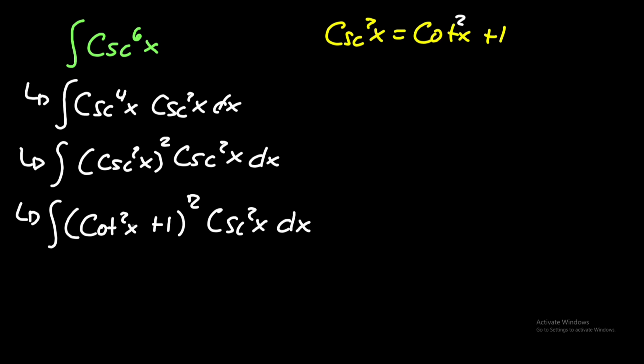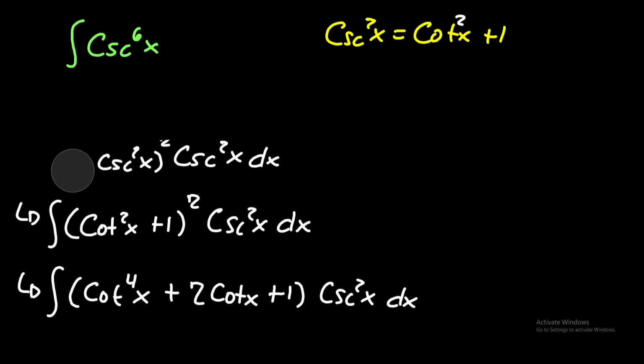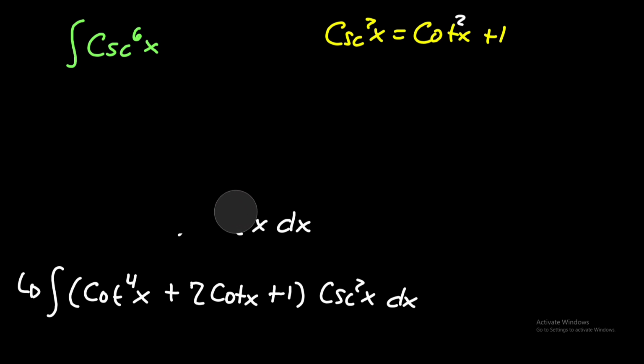What we're going to do here first is to expand this. So this would be cotangent raised to the power of 4 of x plus 2 cotangent squared of x plus 1. And we will distribute cosecant squared of x amongst this parentheses, and we can now just split the integral at the same time.